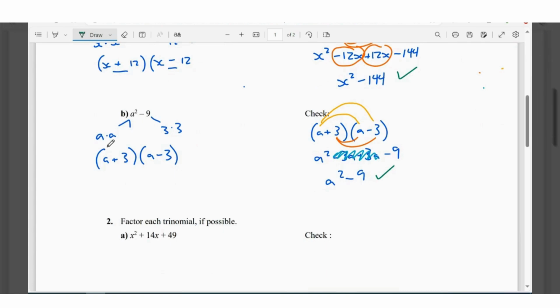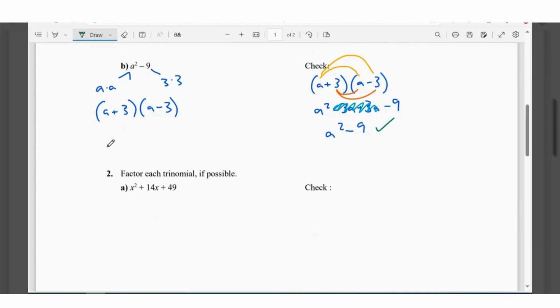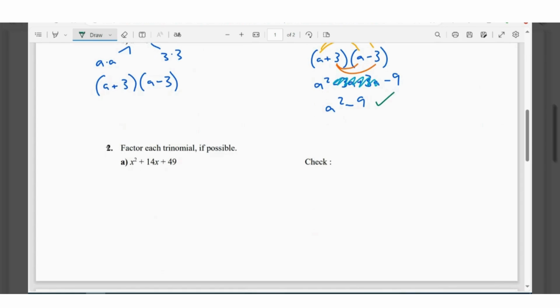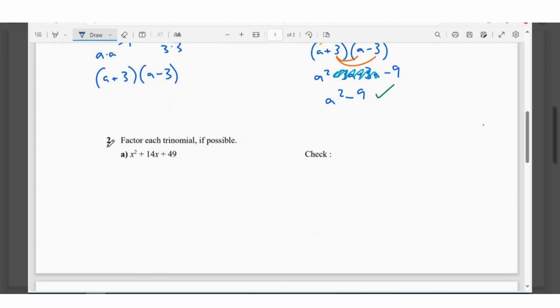Okay, and these next ones are very likely going to be our perfect square trinomials. So we're starting off strong. We can see that the first term is a perfect square. That's x times x. And our last term, perfect square, that's 7 times 7. And is it true that this is 2 times 7x?